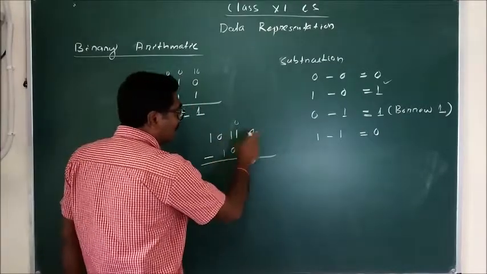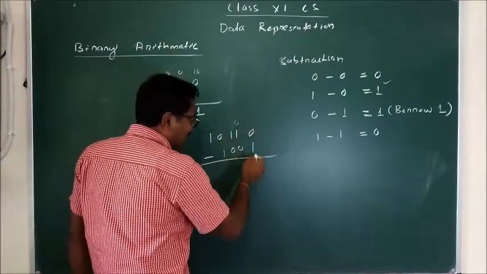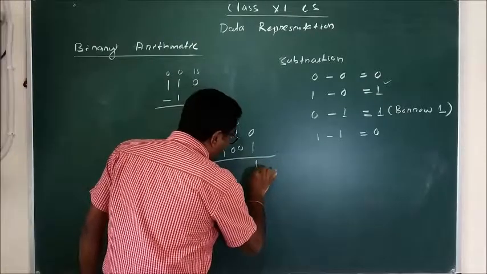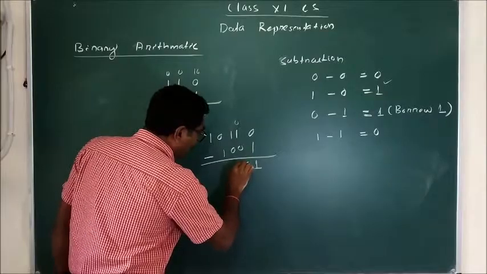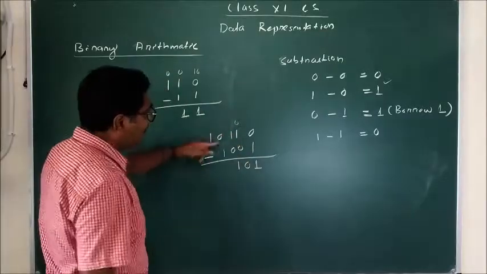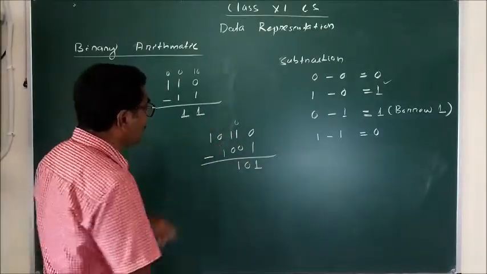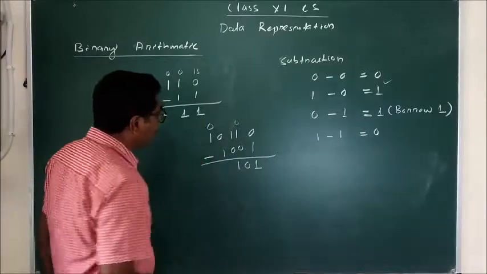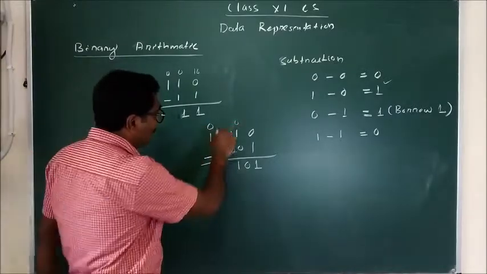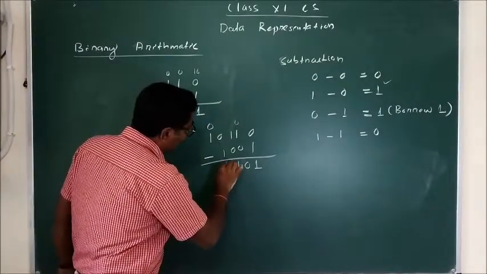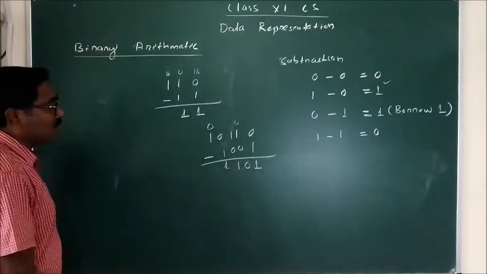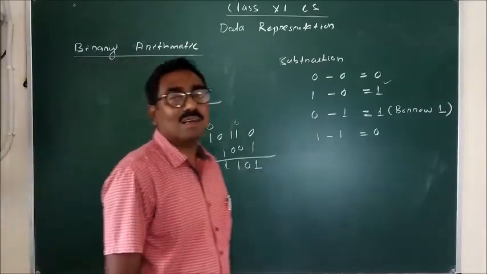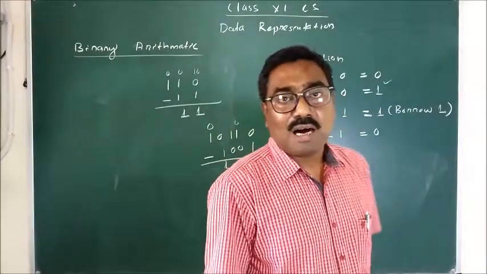Now the number is 1 0 over here. 1 0 minus 1 is equal to 1. Then 1 minus 0 is 1. Again 0 minus 1 appears, so we have to take a borrow over here. After taking a borrow, this becomes 0. Now this is 1 0, 1 0 minus 1 is equal to 1, then this is 0. There is no value on the left side, so the number 1 1 0 1 is the output.